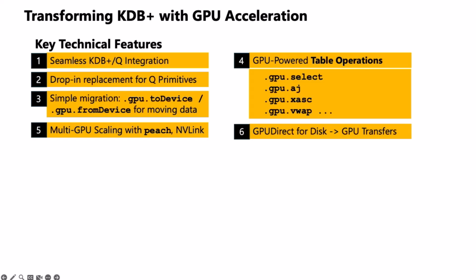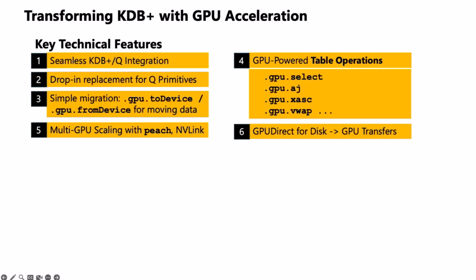In addition, what we're also trying to implement, and in fact it's already been done for some of the primitives, is multi-GPU scaling with peach. When you have a certain KDB+ code that, on CPUs, we would use peach so that we can parallelize.